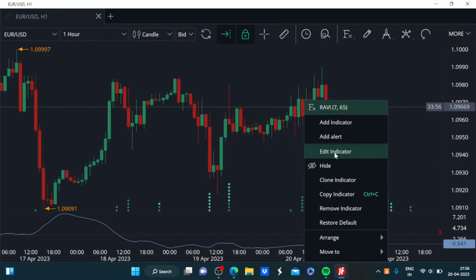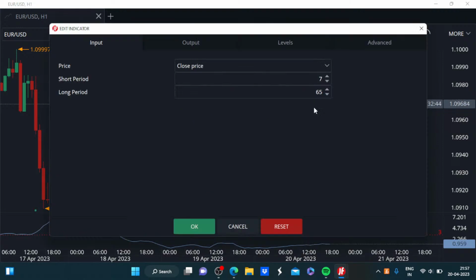So as I was telling you earlier, this short period is 7 and 65. Of course, if you feel like, you can change the combination if you are not really happy with it, or if you want to try out a different combination, you can do that anytime. All you have to do is change this combination and go for your own combination.